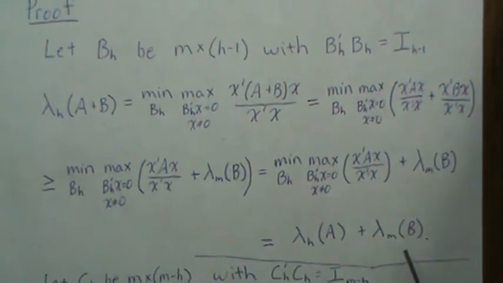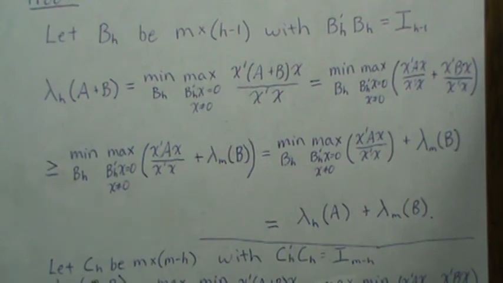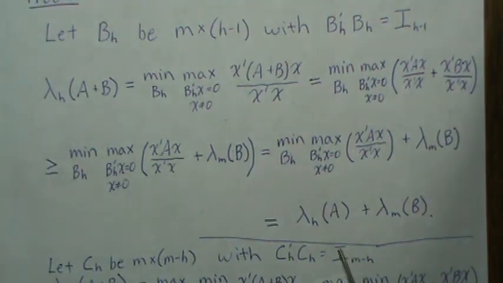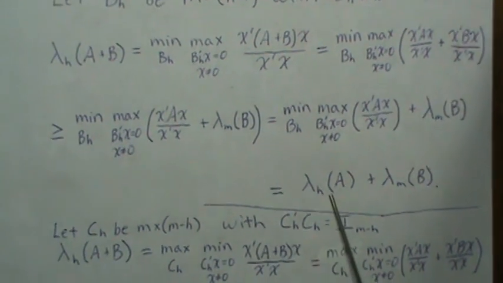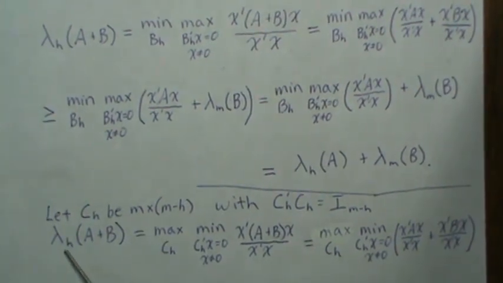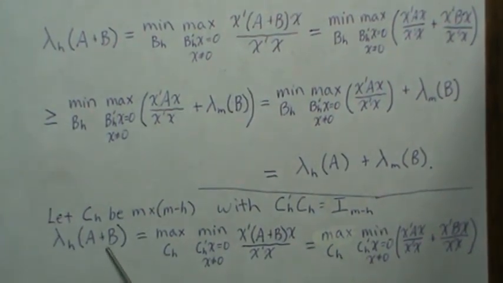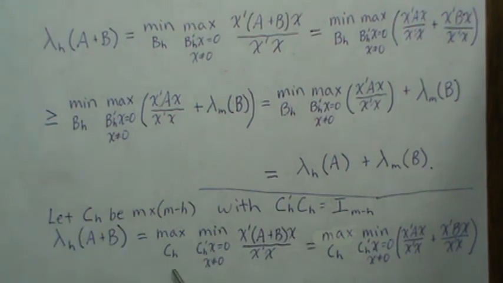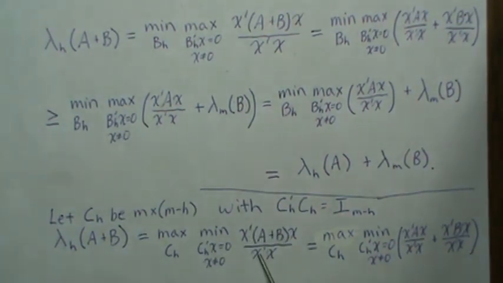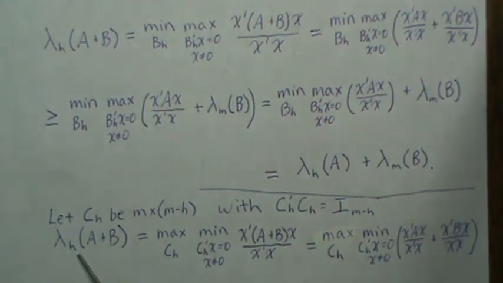And the next theorem is if we let C sub n be any m by m minus h matrix with the product equaling identity matrix, and we want to find the h eigenvalue of a plus b, then from the previous theorem, if we take the max min over this constraint of this quantity, that equals the h largest.